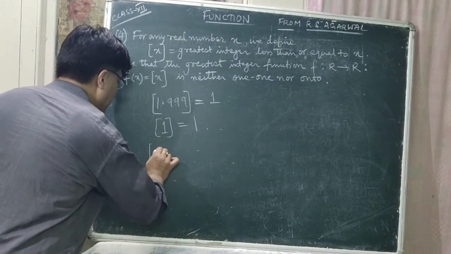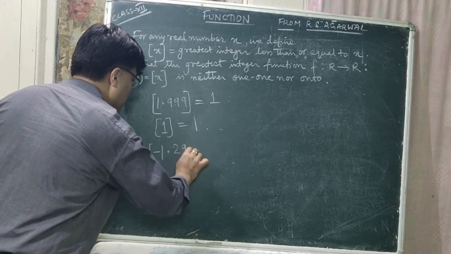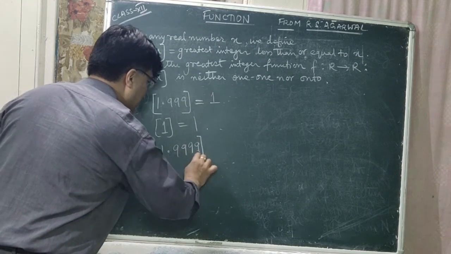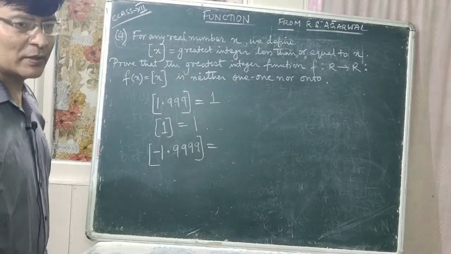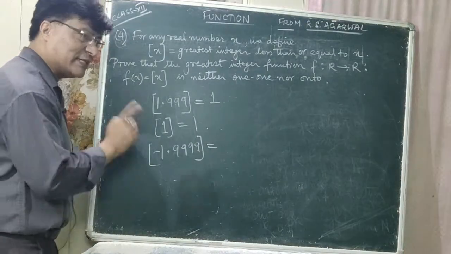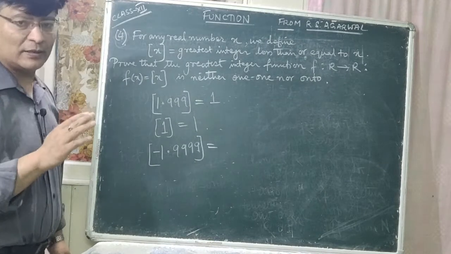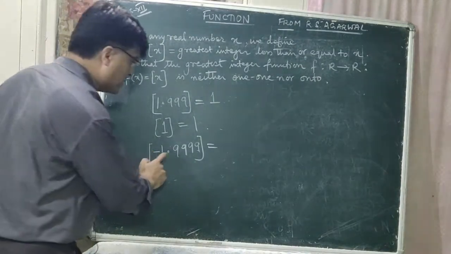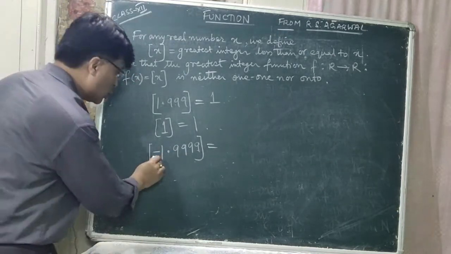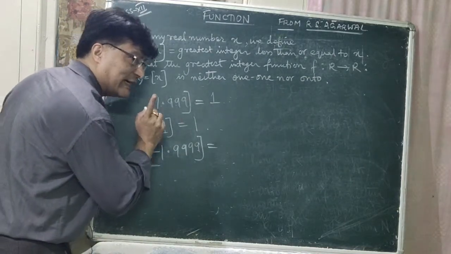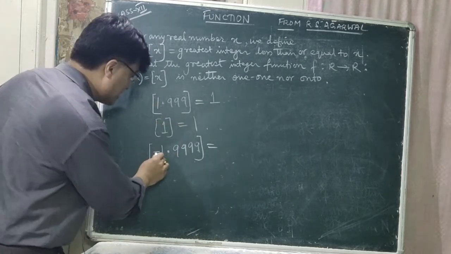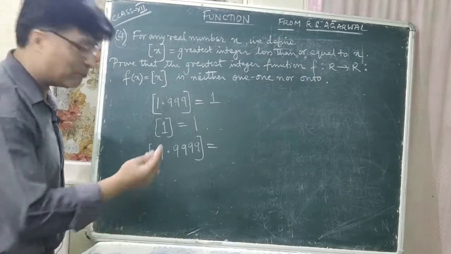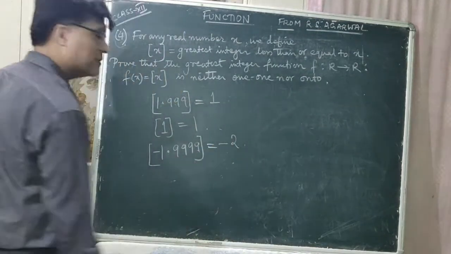So if you have minus 1.999, so what is it? Which is the greatest integer? Negative integer. You can take negative integer also, isn't it? But this is not your integer, this is your decimal fraction. So which is the greatest integer which is less than minus 1.9999? It will be minus 2.